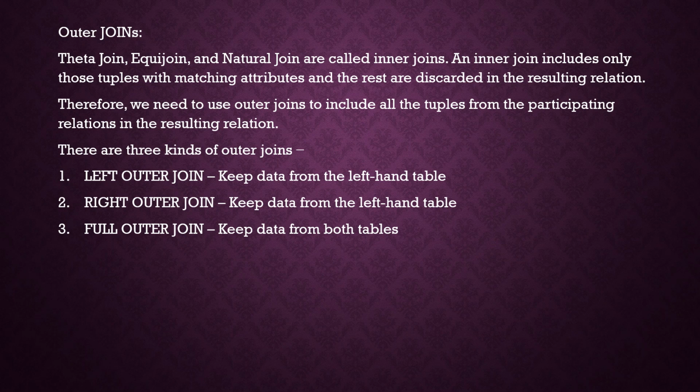Left outer join means keep all the data from R, and right outer join means keep all the data from the right hand table, that means all the data from S. Full outer join means keeping data from both the tables R and S. So there are three types of outer joins: left outer join, right outer join, and full outer join.